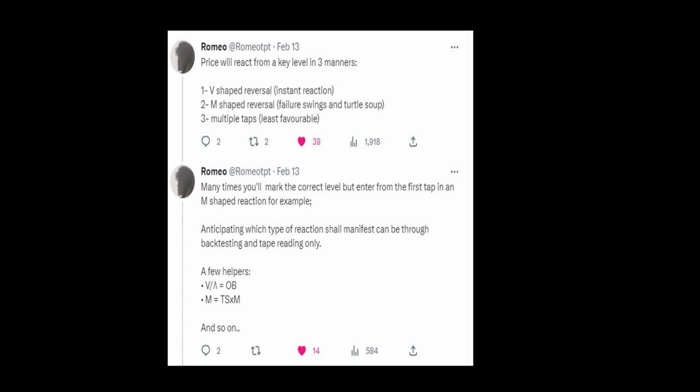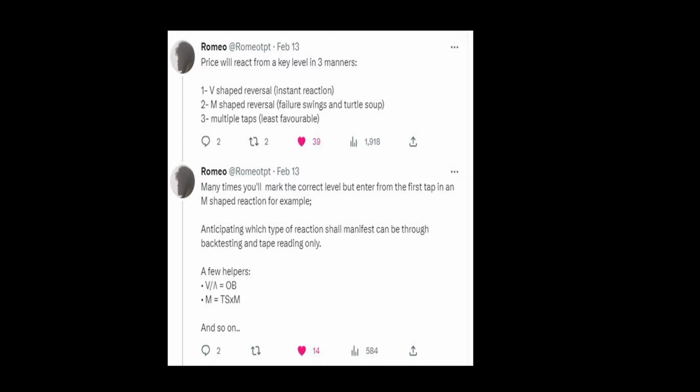Price will react from a key level in three manners. It is either a V-shape reversal, M-shape reversal, or multiple taps. And scenario 2 and scenario 3 occur frequently. The first scenario is the most probable when there is a false break of structure that has previously occurred before reaching the key level.